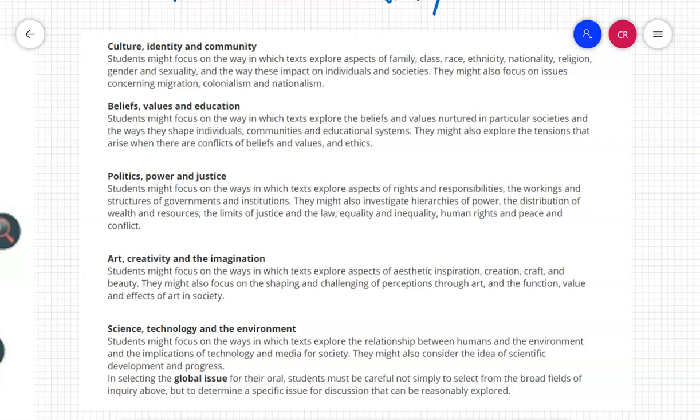Is there something of value? So when there is something of value, a lot of times it will connect to these ideas here. So the 5 fields of inquiry are what are going to help you connect what you've read to something of value. And we will go into more depth into the 5 fields of inquiry in my next video.